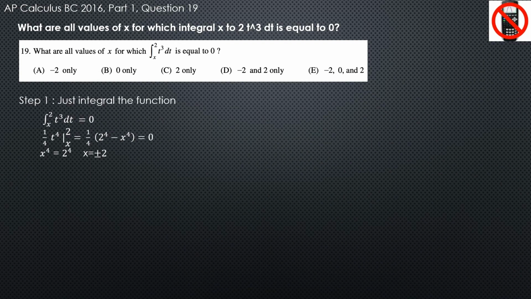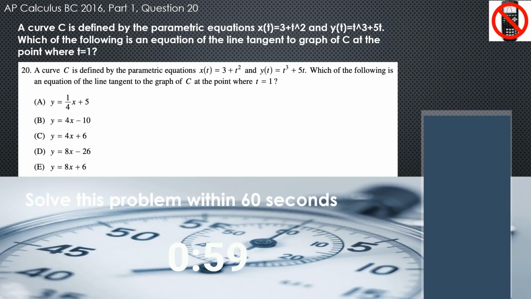Step 1. Just integrate the function. The answer is D. Solve this problem within 60 seconds.